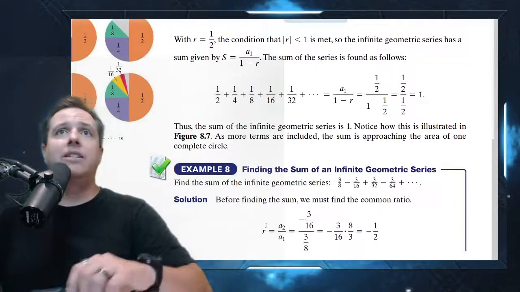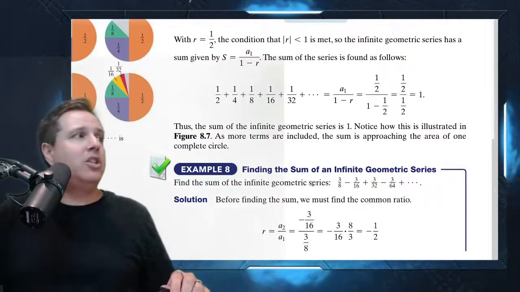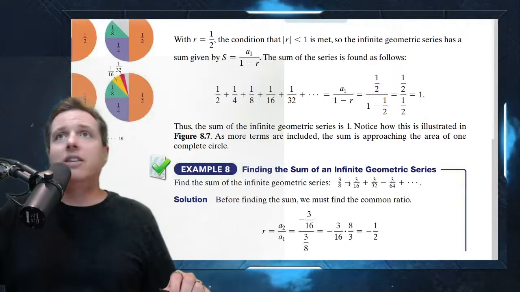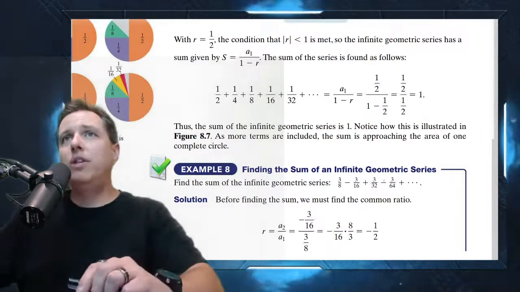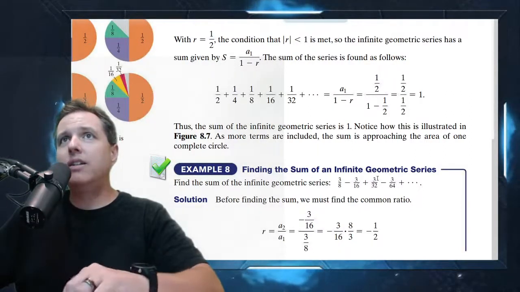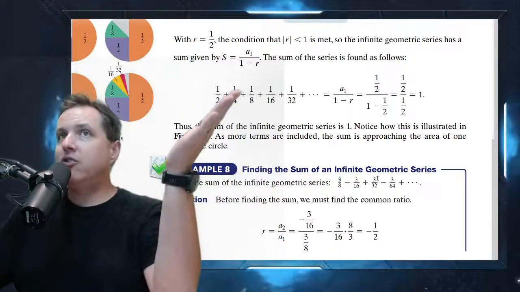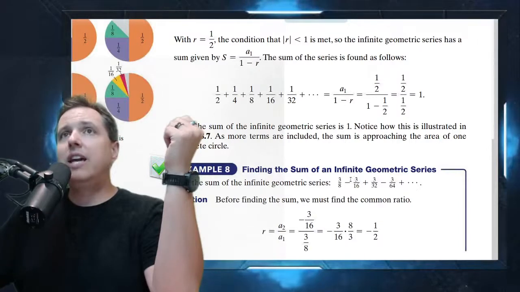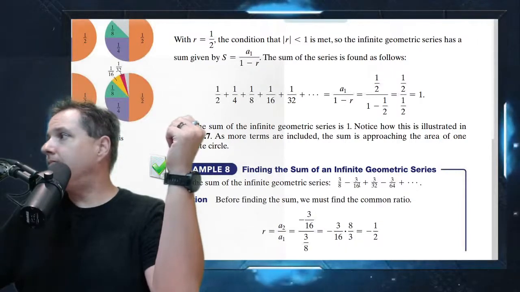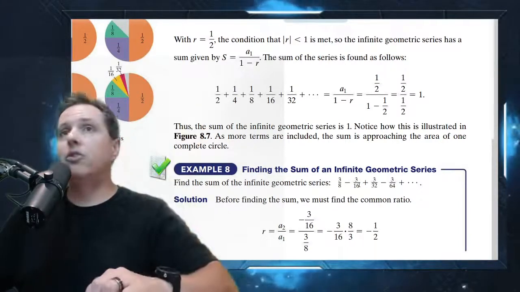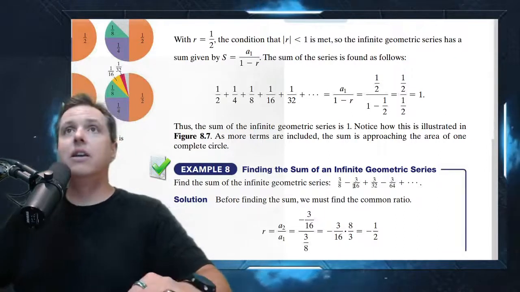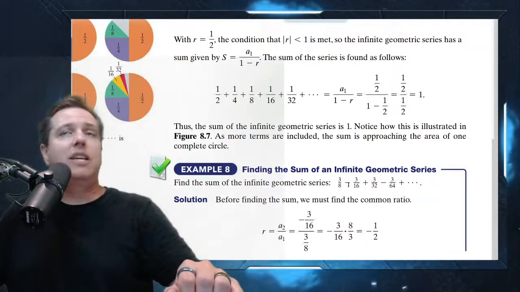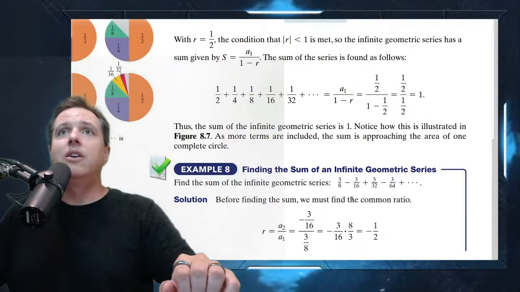So let's look at an example. Find the sum of the infinite geometric series. This one is oscillating, so we notice that. So what do you do? You take any term you want, and you divide it by the previous term, and you're going to get your r value. So if we take -3/16 divided by 3/8, right?